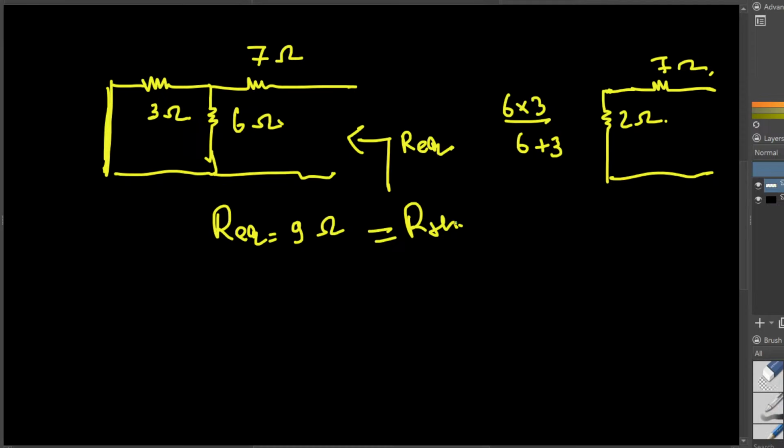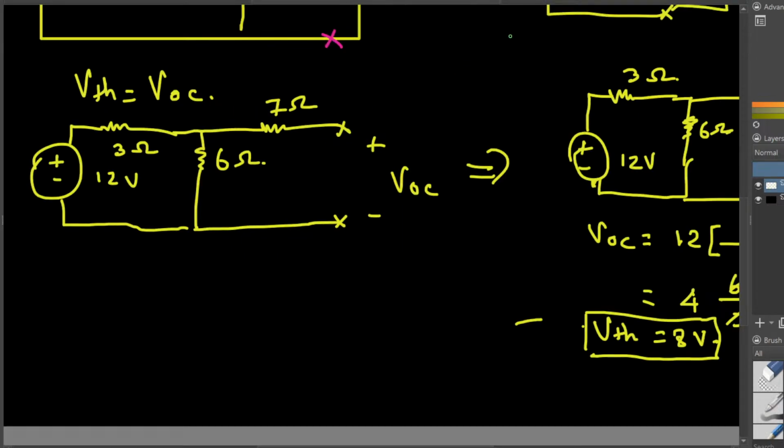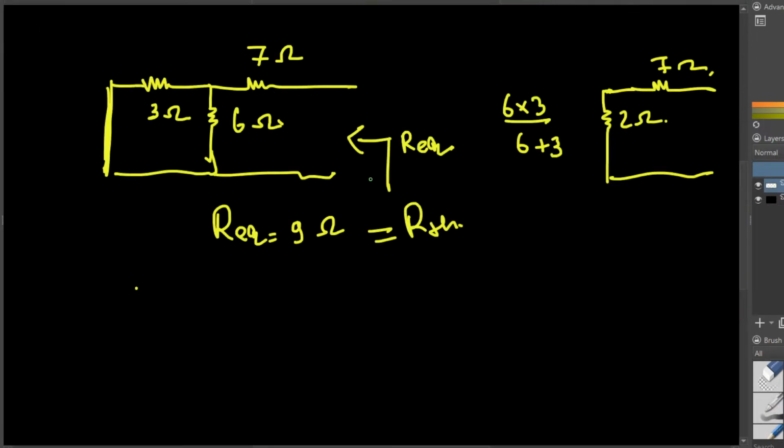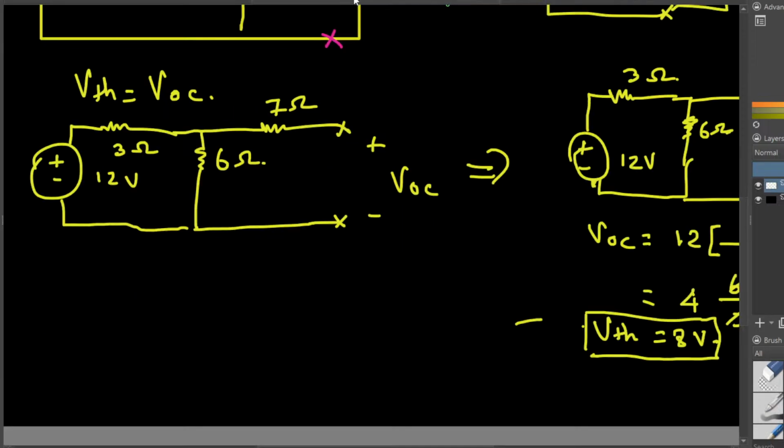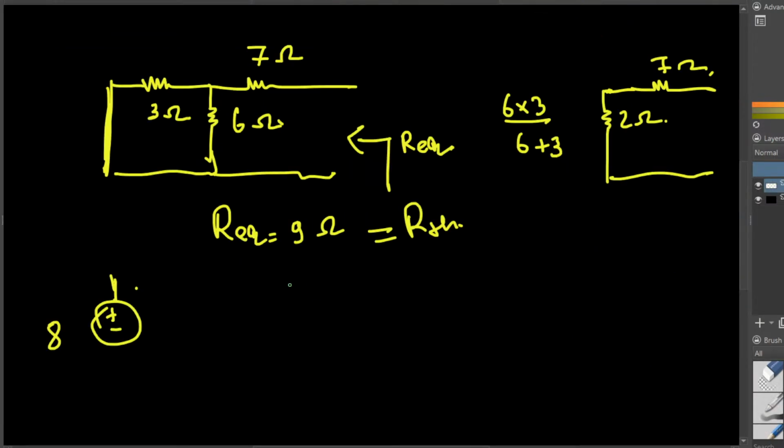Okay, now we have found our Thevenin equivalent circuit. We have the V open circuit, that's V Thevenin. We have the equivalent R, that's R Thevenin. So that's it, we are done. And if you draw the circuit, it is going to look like this. 8 volts, that's the V Thevenin we solved for here. And then R Thevenin, that's the 9 ohm resistance.